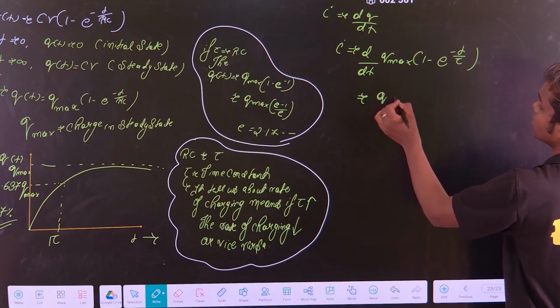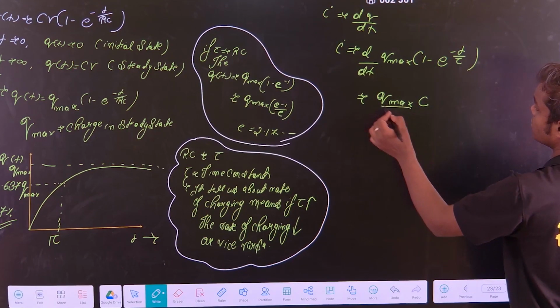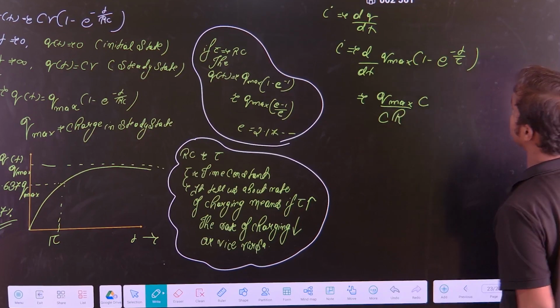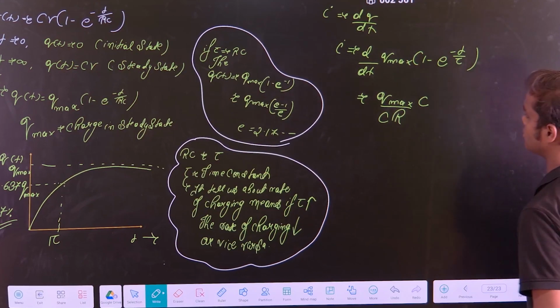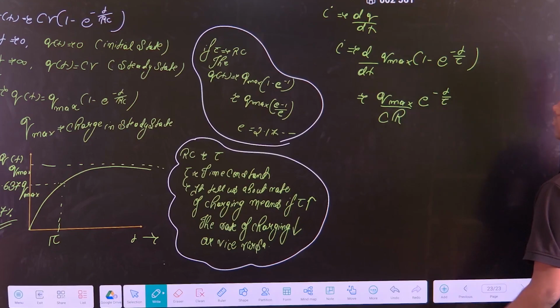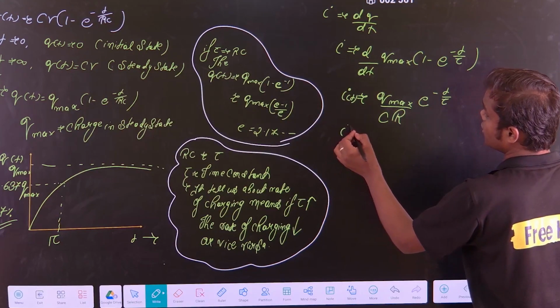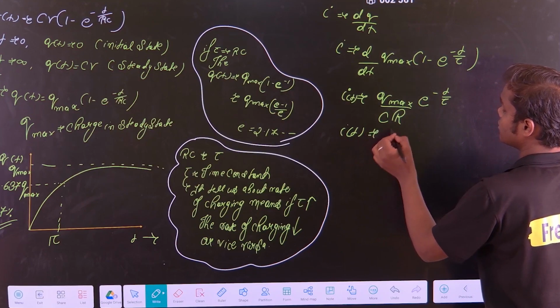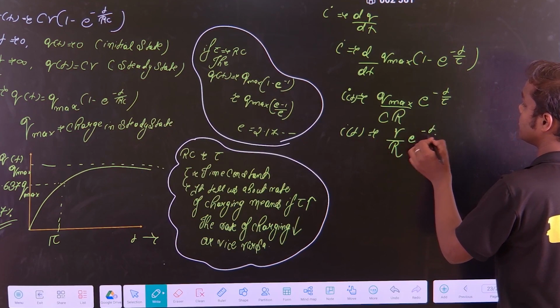You will get q max upon CR, or tau, whatever you can say, q max upon CR into e to the power minus t by tau. That is defined as I of t, or you can write it as V by R into e to the power minus t by tau.